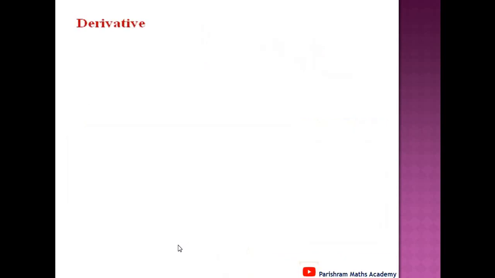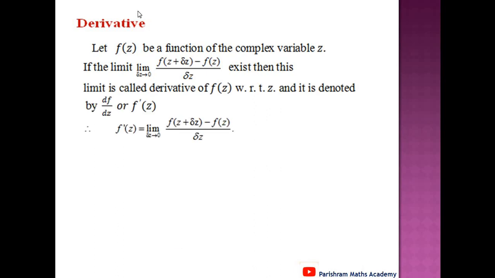Now first, derivative. You can find the derivative of a function of complex variable. Let f of z be a function of complex variable z. If the limit as delta z tends to 0 of f of z plus delta z minus f of z upon delta z exists, then this limit is called the derivative of function f of z with respect to z, and it is denoted by df by dz or f dash of z.